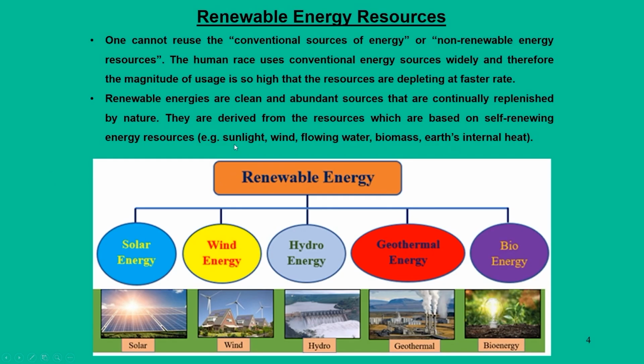Under these headings we have sunlight, wind, flowing water, biomass and the earth's internal heat. As you see in this figure, for solar energy we have solar cells or solar photovoltaics, for wind we have wind machines or wind turbines, for hydro we have power plants, geothermal is another category of harnessing energy from the earth's crust, and bioenergy is mainly derived from plants.